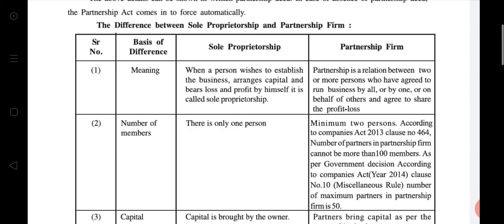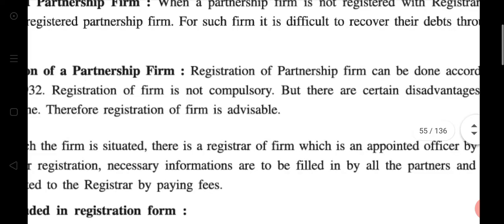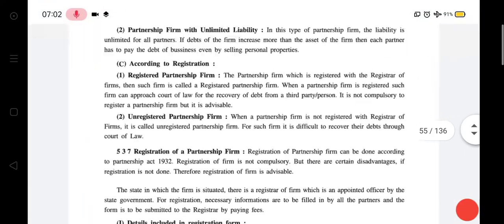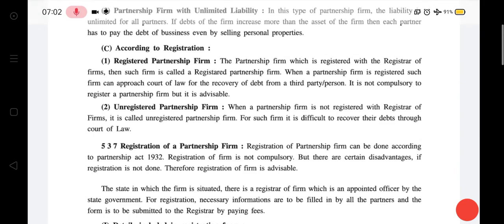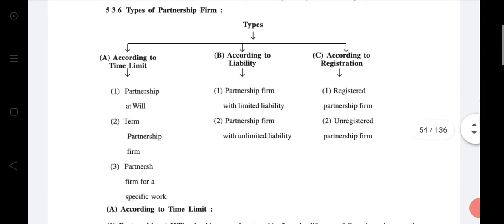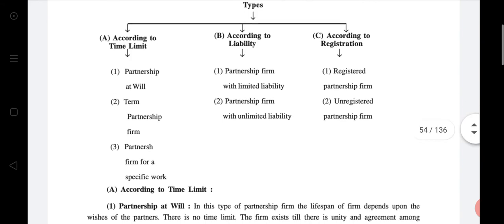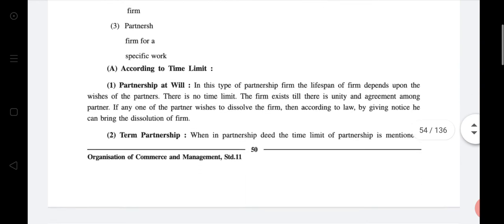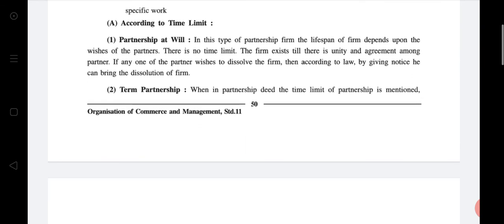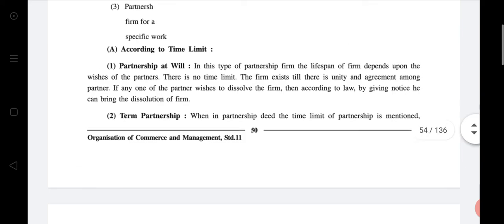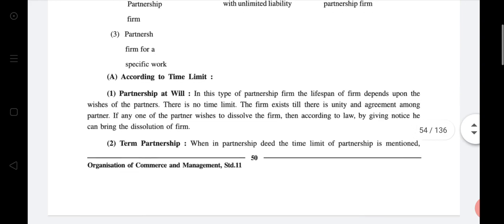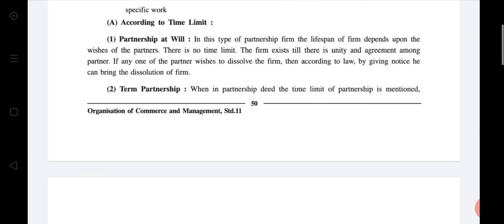So now we are done with today's lecture, and please note down the homework. In homework, make a chart in your head point books if pending. Then write the types of partnership firm with detailed explanation in your fair book and head point in your head point book. But if you make a chart, then no need to do head points separately.